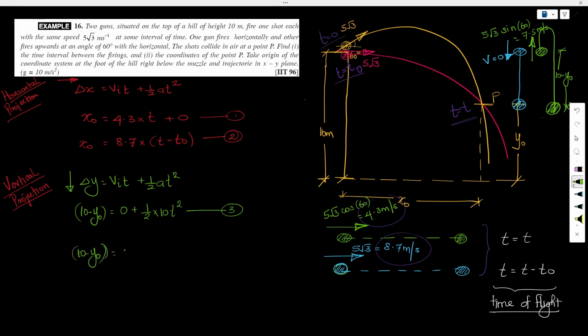I have an initial velocity of 7.5 in the upward direction, so minus 7.5 because it is up, minus half times 10, and the time of flight is, so this one, the time of flight is t minus t naught, no? So that is not going to be t. So that is t minus t naught squared. So that is my third equation. That's my fourth equation. Any doubts up until this point?